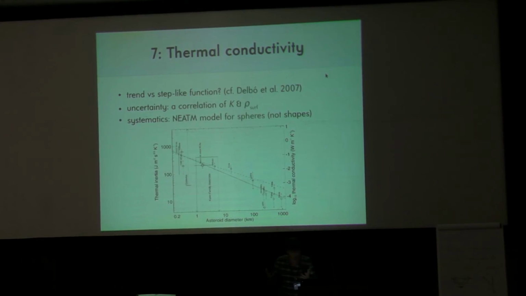So this is one of the things you can play with, to assume a different distribution of thermal conductivities for large and small objects in the simulation. Regarding the systematics, all of these data were computed using a NEATM thermal model, which is suitable for spheres, not for real shapes. If there are any problems in this, then we have a problem with our computation.